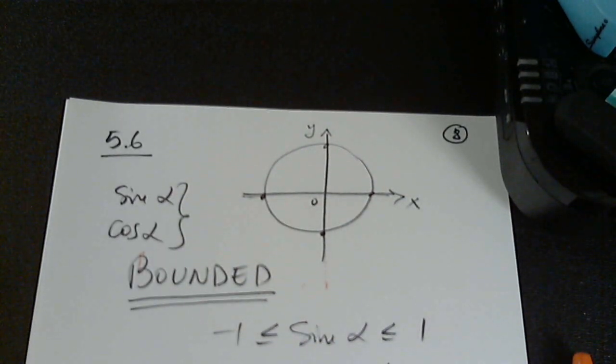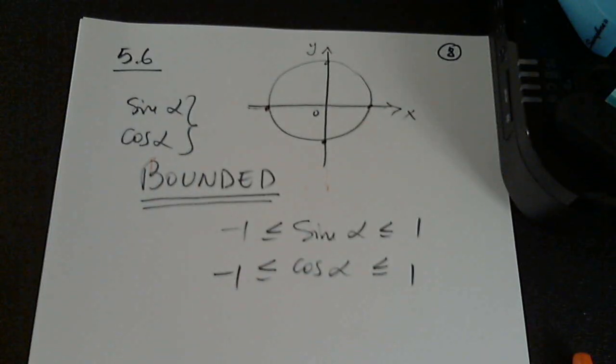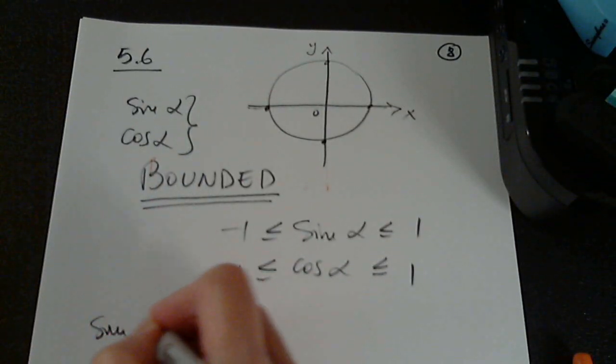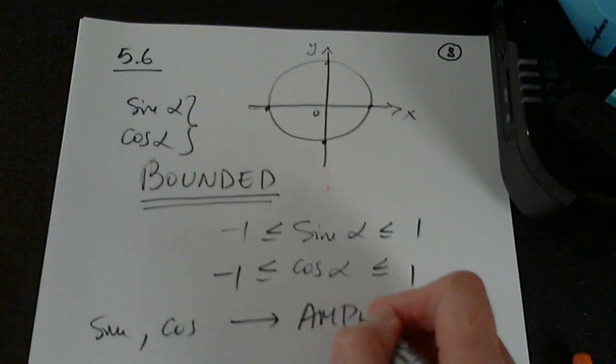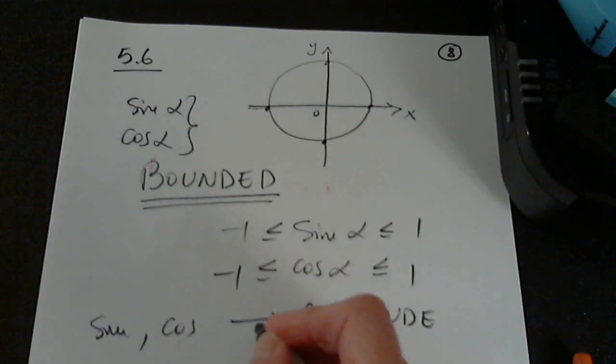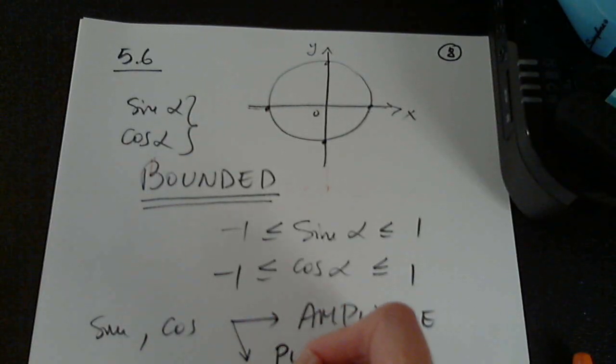These are the only bounded functions like that, sine and cosine. They also have, as we know, amplitude. They also have period that we know.